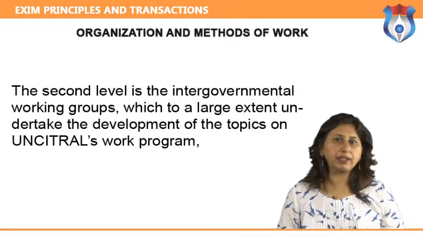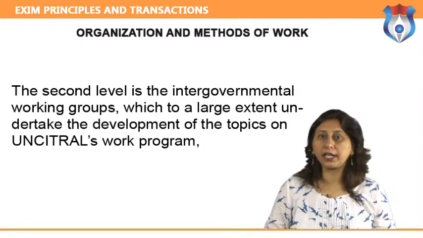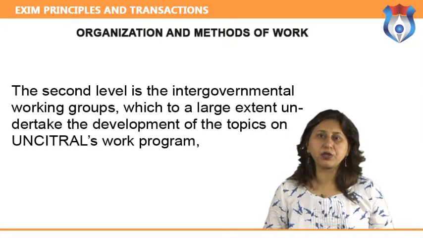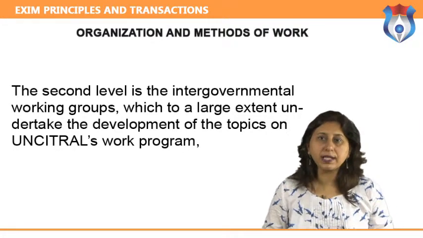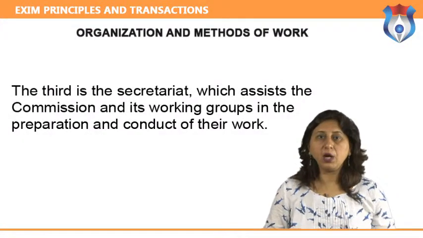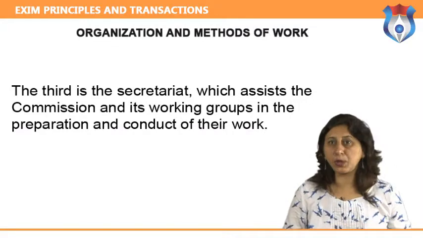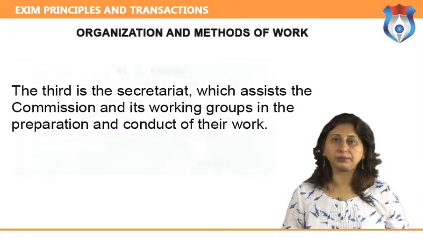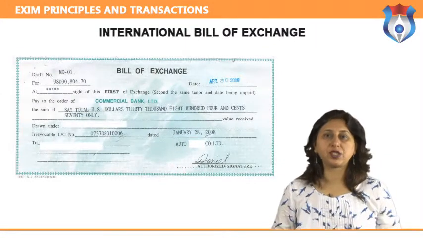The second level is the intergovernmental working groups, which to a large extent undertake the development of the topics on UNCITRAL's work program. The third is the Secretariat, which assists the Commission and its working groups in the preparation and conduct of their work.